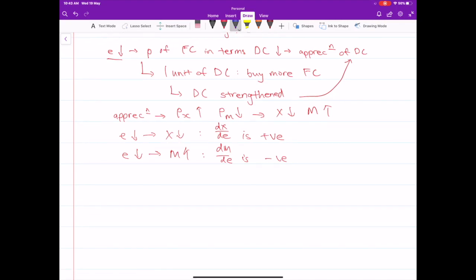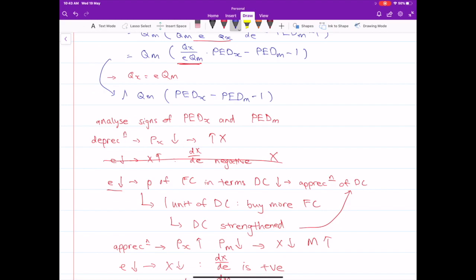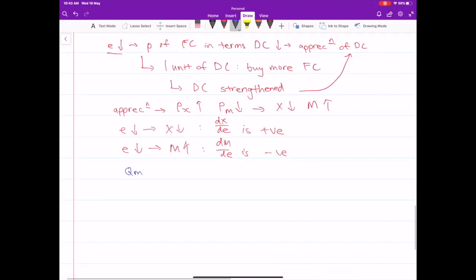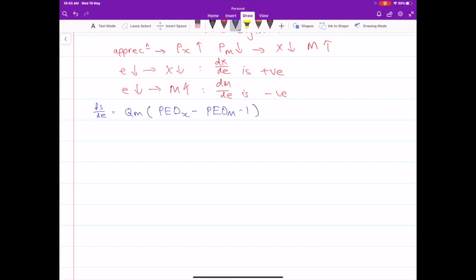So now we can see that this expression can continue. Qm, I'll just rewrite it: Qm times PDX minus PDM minus 1. We can tell that PDX, as proven earlier, is positive and PDM is negative. So going back to the original goal, we want to find out that depreciation leads to an improvement of your current account.